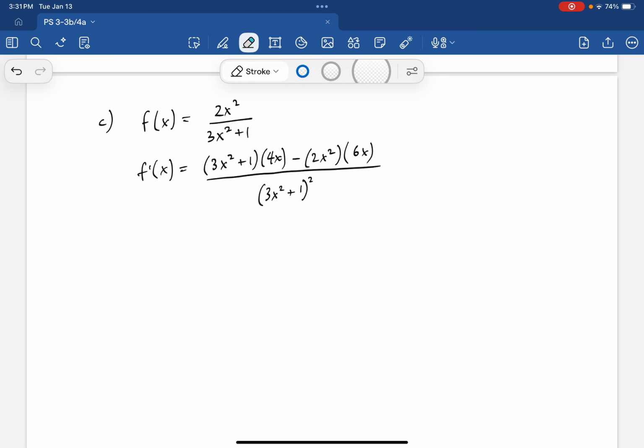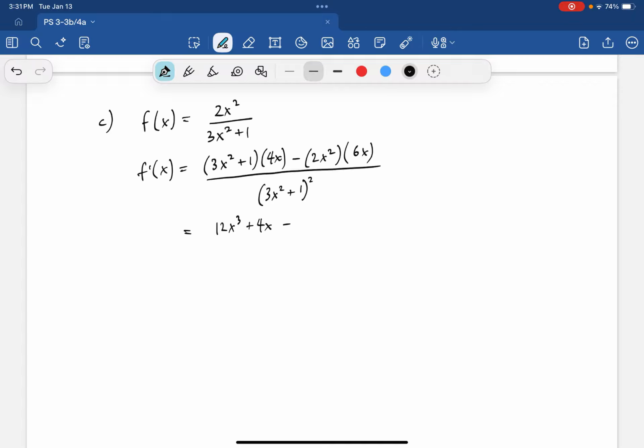Keep simplifying this first. I regret assigning this question. Oh, good. It simplifies a little bit, at least. There's an easier way to solve this, but it's a bit tricky, so I don't want to show you.